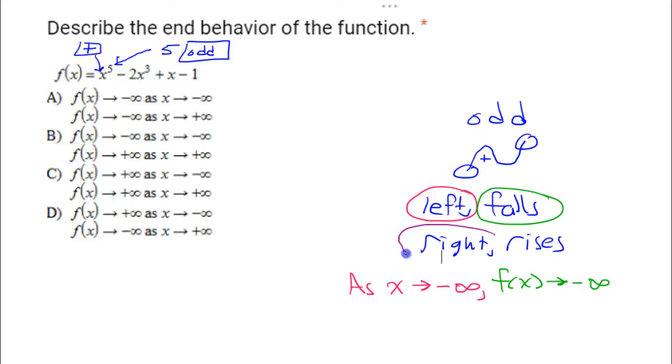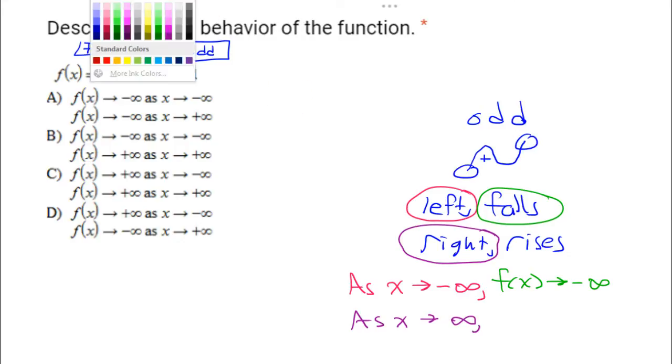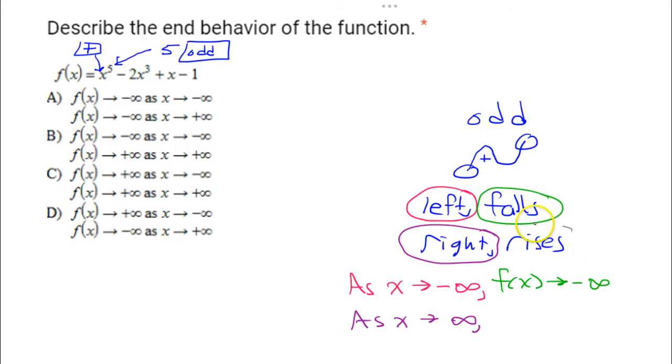Instead of saying on the right, we say as x approaches positive infinity. And instead of saying the function rises, we say f of x approaches positive infinity. So this is the end behavior.